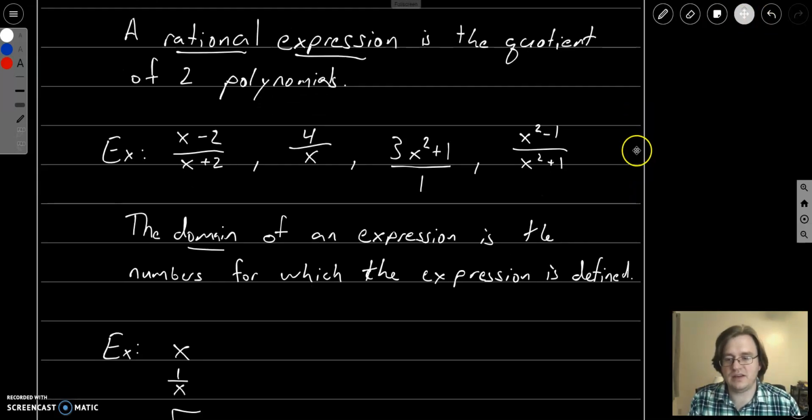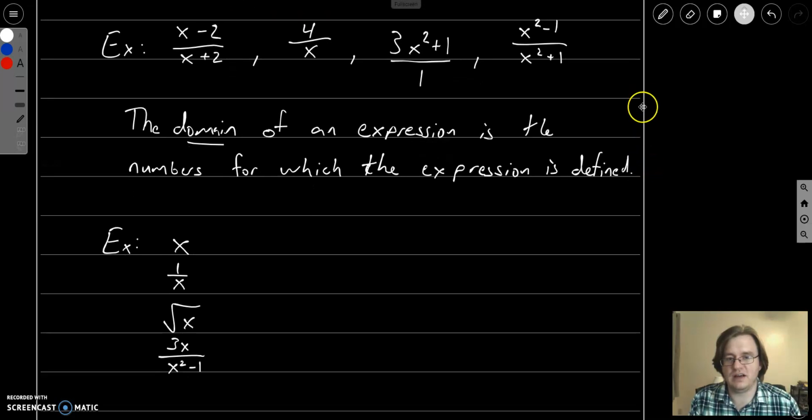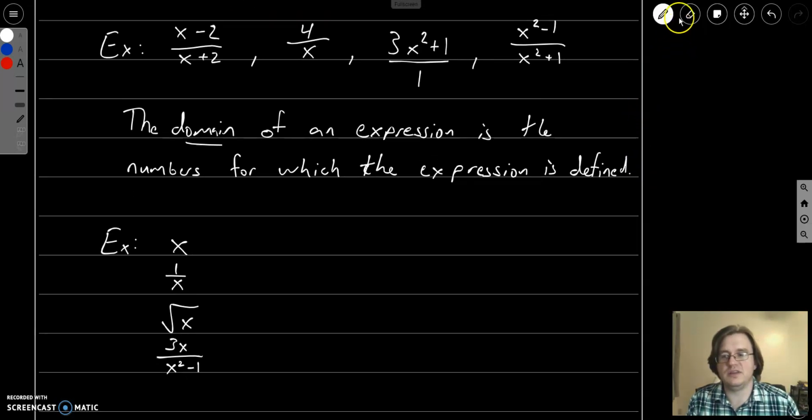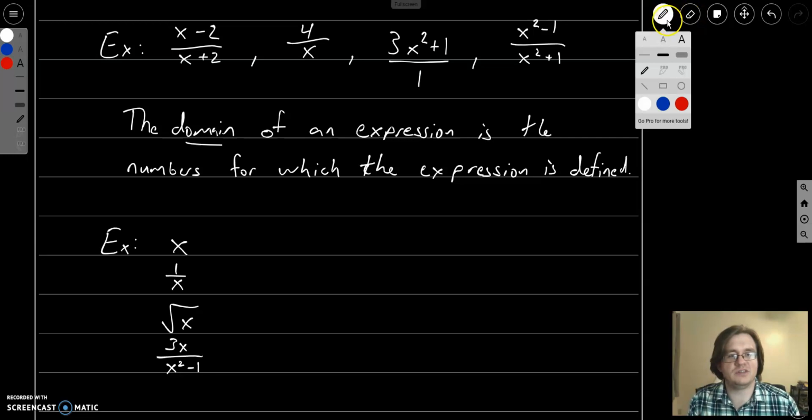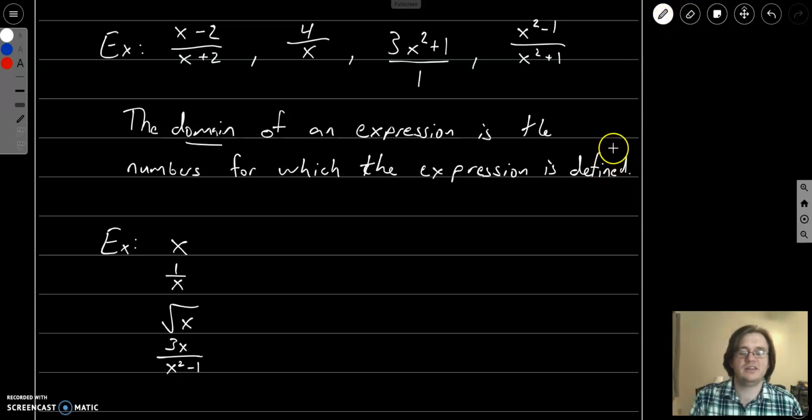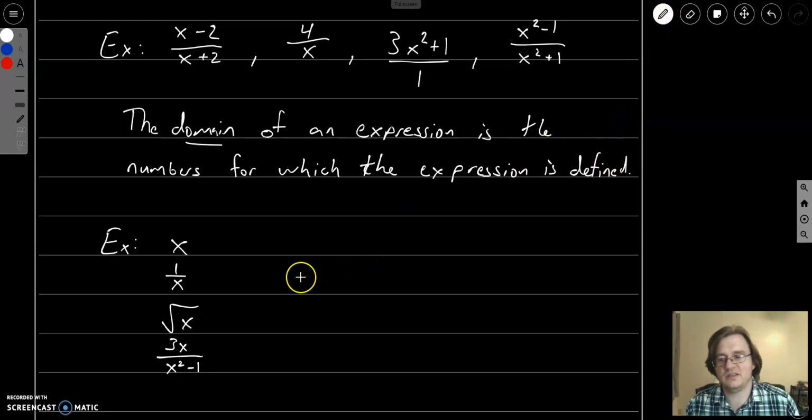The domain of an expression is going to be the numbers for which the expression is defined. So when is an expression not defined? Well, for instance, here in the second one, this is not defined when we're dividing by 0.